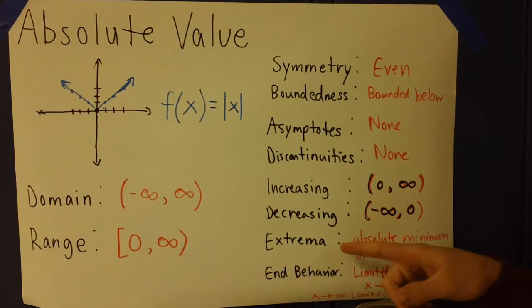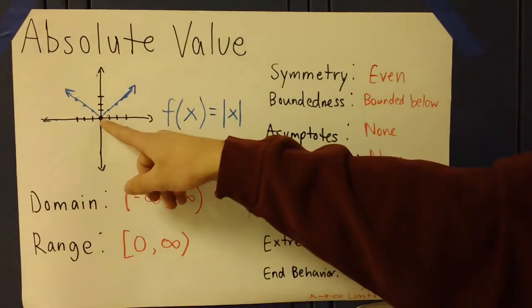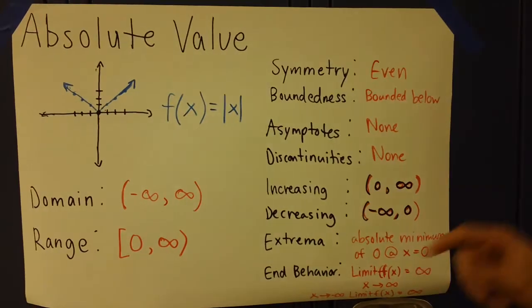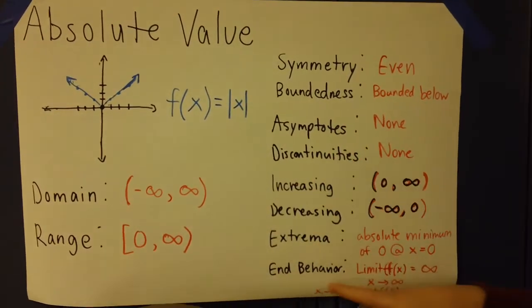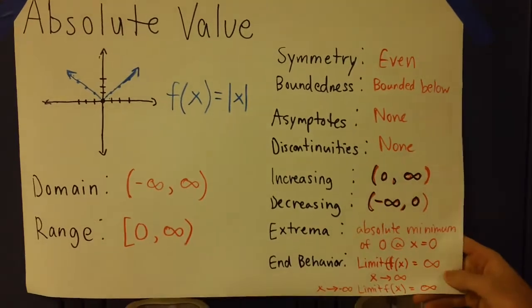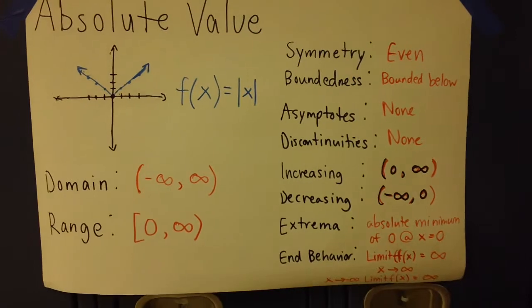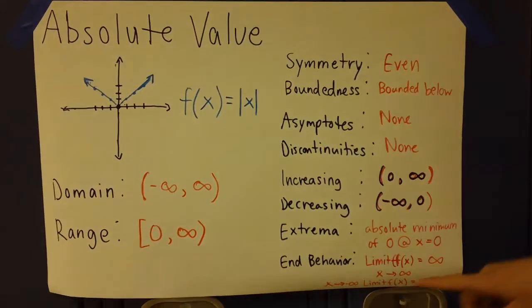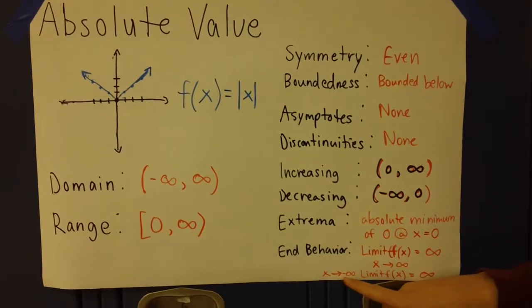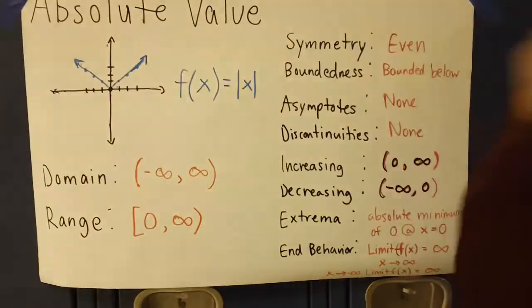And the extrema, there's an absolute minimum right here of 0 at x equals 0. And the end behavior is the limit as x approaches infinity is infinity because it keeps going up, and then the limit as x approaches negative infinity is also infinity because it keeps going up to the left.